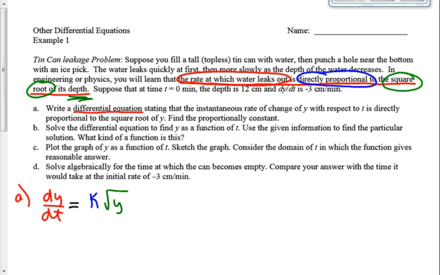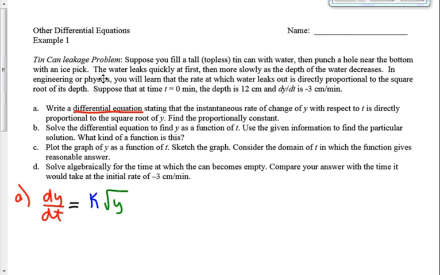So at this point in part A, we need to find the proportionality constant. So to find the proportionality constant, I need to actually find k. So I'm going to use this last line of information in the example problem.